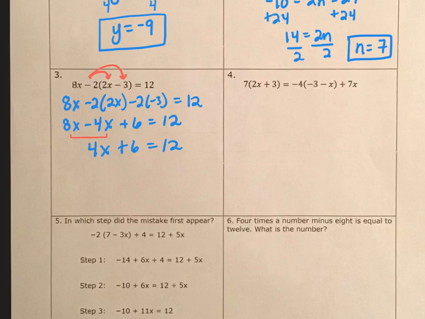So I move my constant, minus 6, minus 6. I'm left with 4x equals 12 minus 6 is 6. Divide by 4, divide by 4. I have x equals 6 over 4. If I reduce that down, that's 3 over 2.